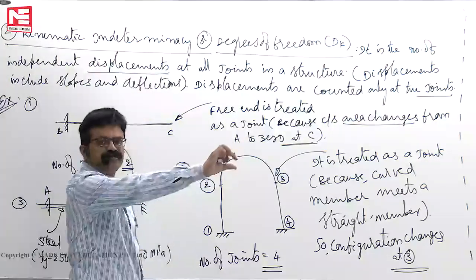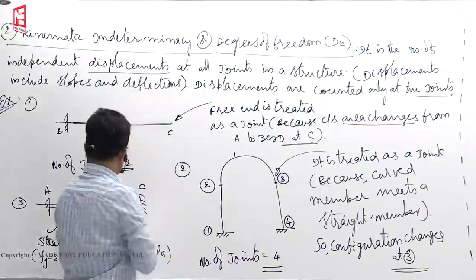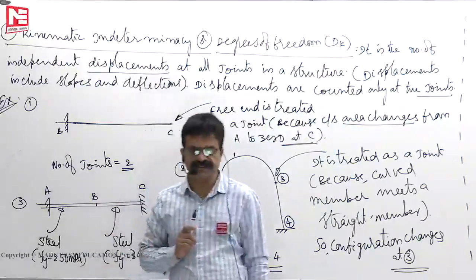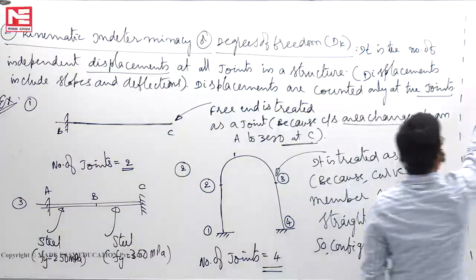It looks as if a single member only, but Fy values are different at B. So material changed. So we have to treat B as a joint. So finally your conclusion is this one.